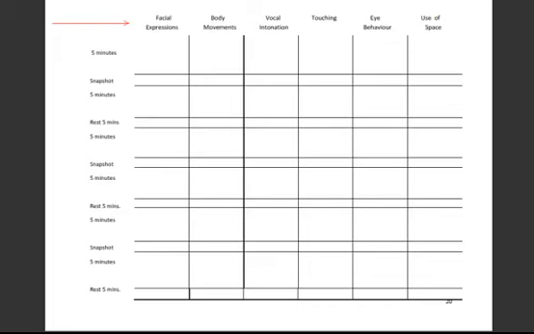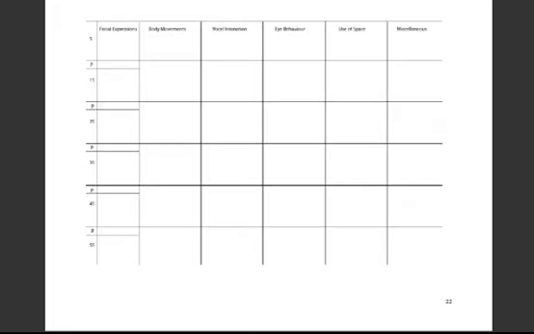And then I made a few revisions. So this was the second version. I think I just got rid of one of the categories, the category touching, because the teacher didn't touch any of the students.